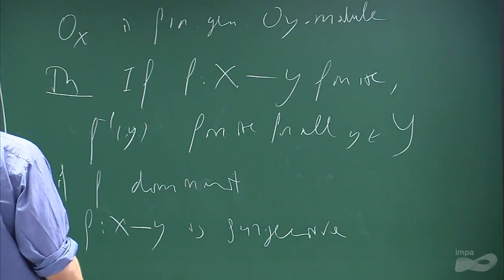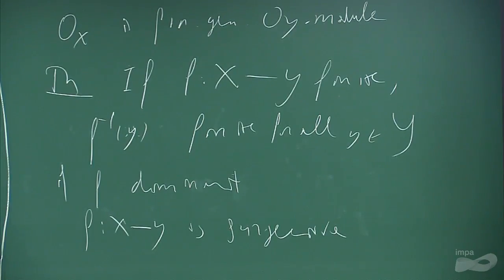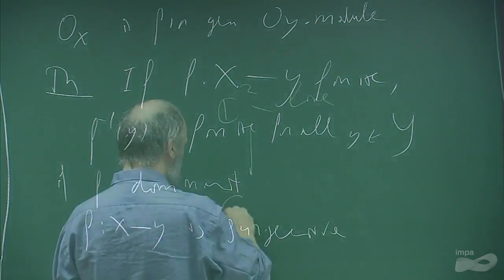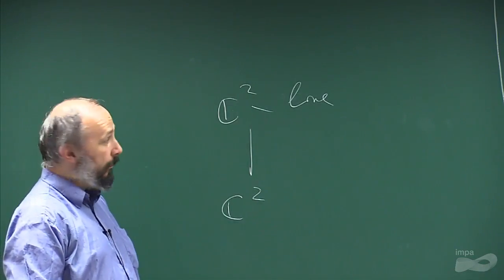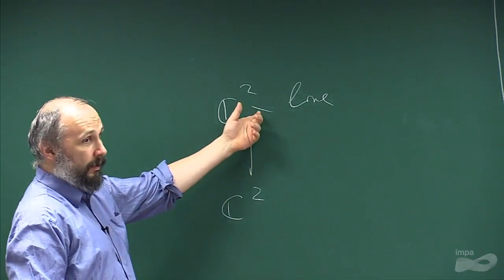No. There is an easy example. So you have a map from C squared without a line to C squared. This is definitely not finite because this is not finitely generated.